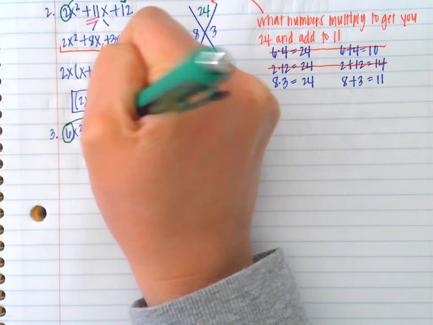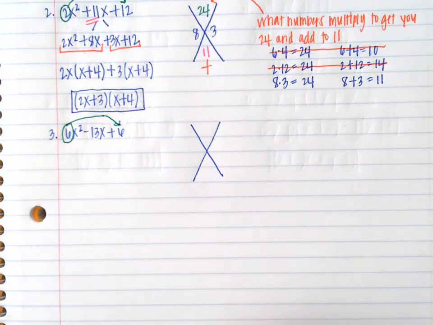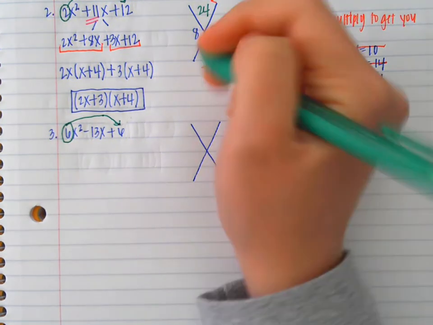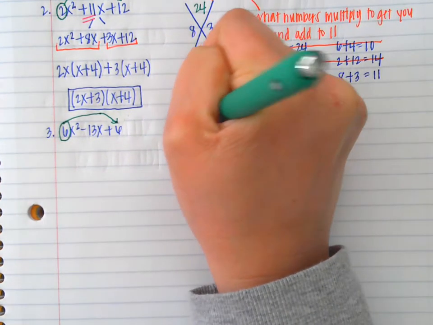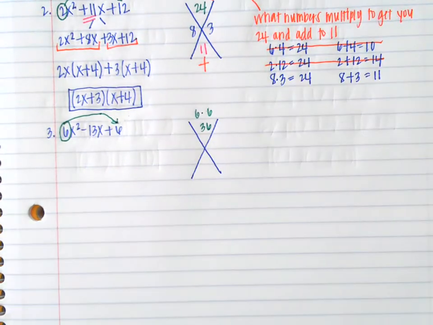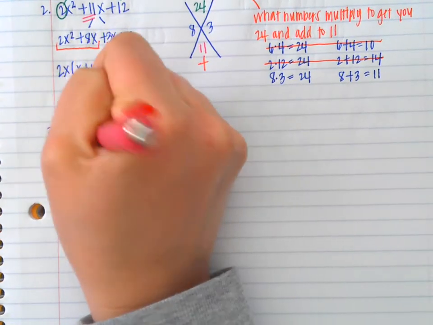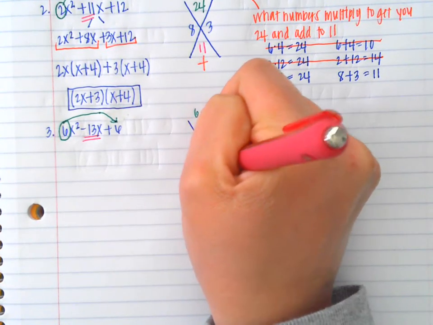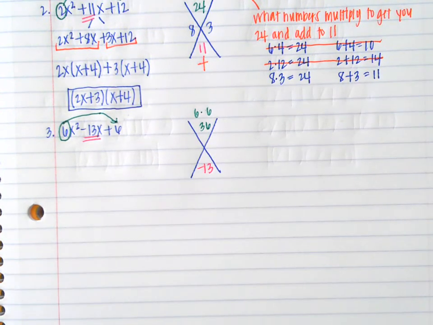There we go. Okay, so A times C, 6 times 6 is 36. And then what goes in the bottom is negative 13. Oh, this is a little bit more challenging.